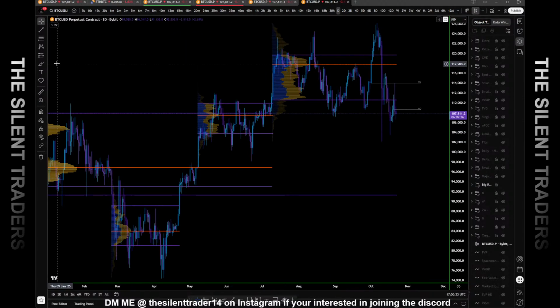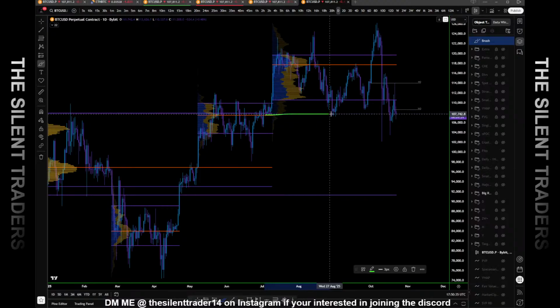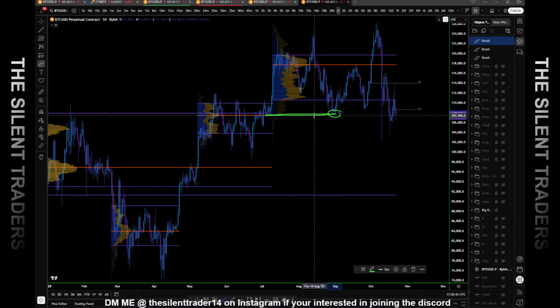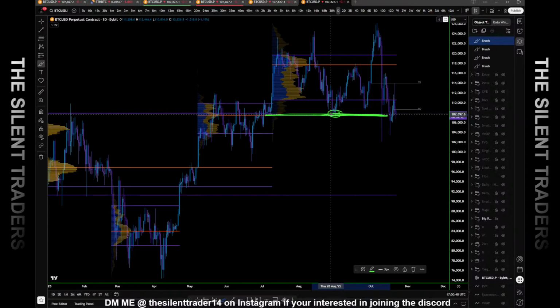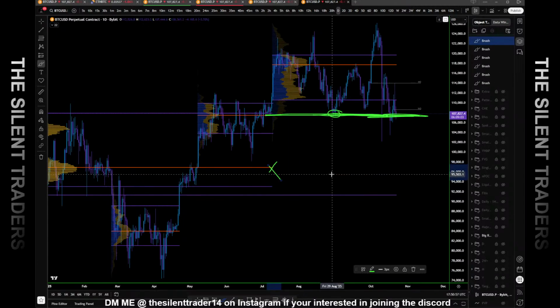You can see this one: the first time we came down to tap this level, we bounced to the exact dollar of it. Then we've been struggling to fully lose the level. So these high volume nodes of massive ranges are very important. Once you start to get full body candle closes below this level, to me, this is an easy target too.